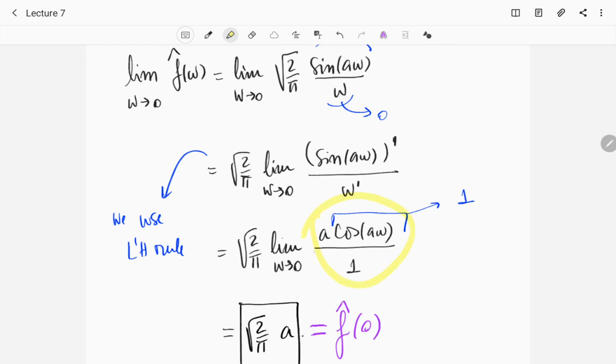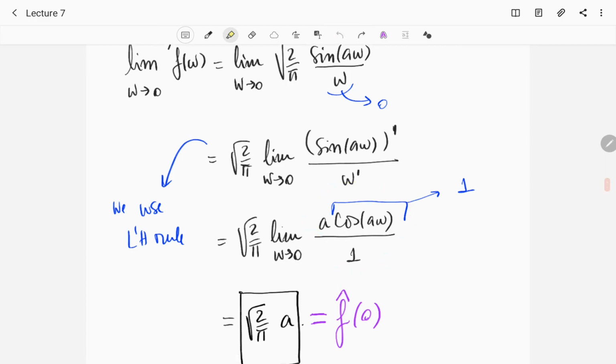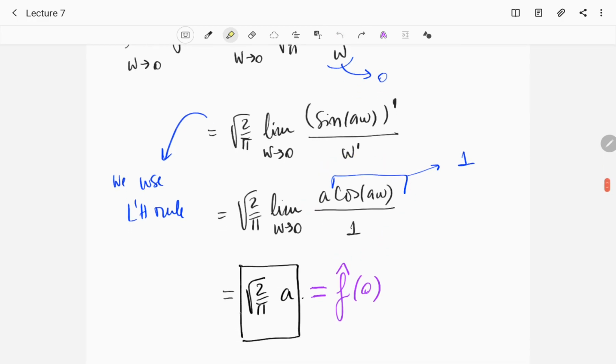So the whole limit goes to a. So this is the result of the limit of the Fourier transform of f when omega goes to 0. So we define this as the Fourier transform of f at 0.